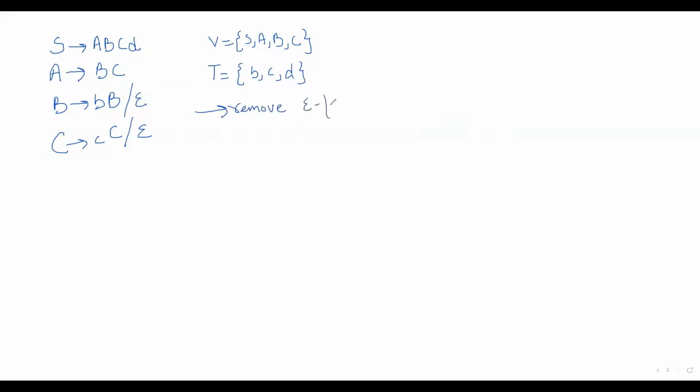epsilon productions. So how will we remove epsilon productions? That means we have to get a new set of productions. So this was our P, and we have to get a new set of productions such that in this set there should not be any epsilon production.